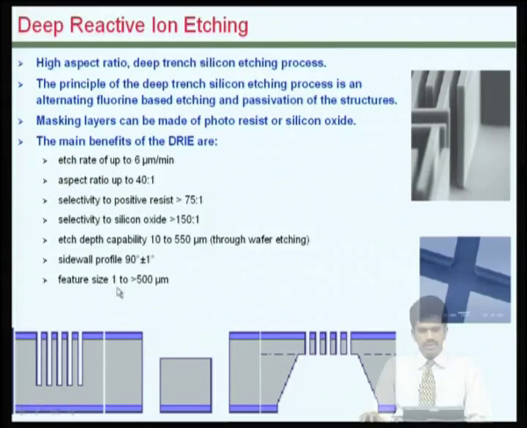For deep etching of silicon, for forming high aspect ratio geometries, a process known as deep reactive ion etching is required.